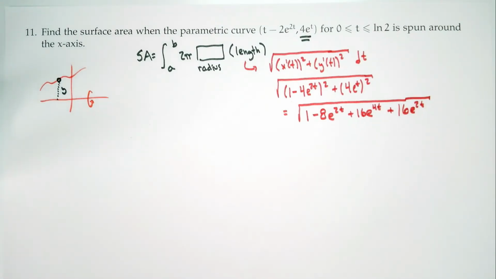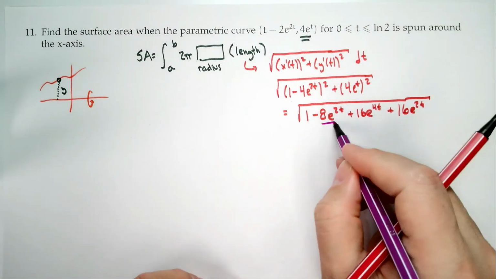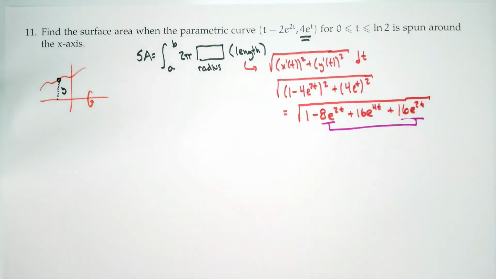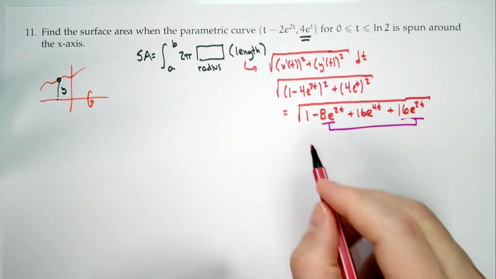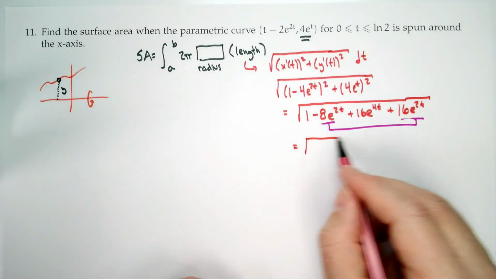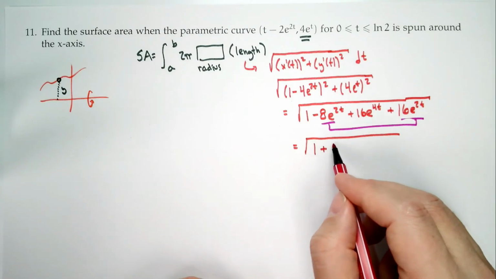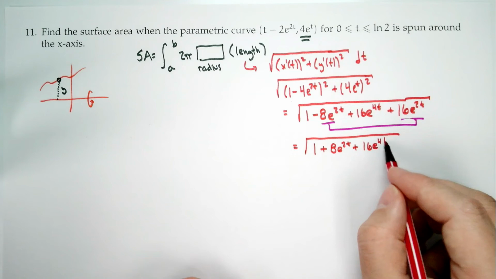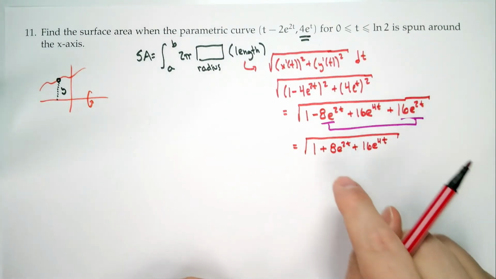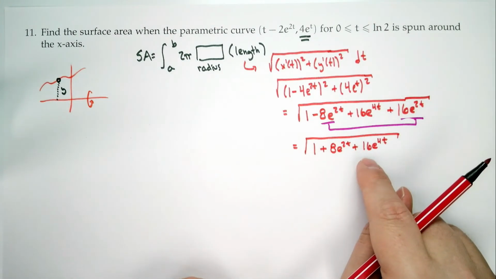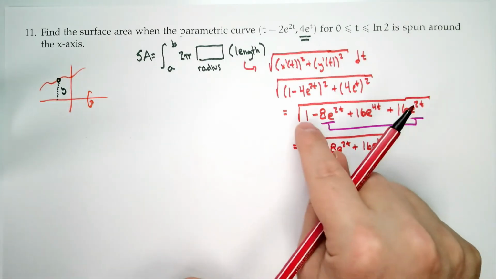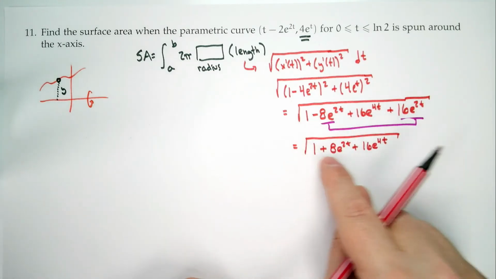Okay, now what happens here? Well, if you take a look, you might say, hey, the e to the 2t's match up. All right, so we put them together. And what happens? Well, we get 1 plus 8e to the 2t plus 16e to the 4t. Good. Now we might say, boy, that'd be nice if it was a square, but you should not really think too long, because you say, wait a second, that's almost identical.